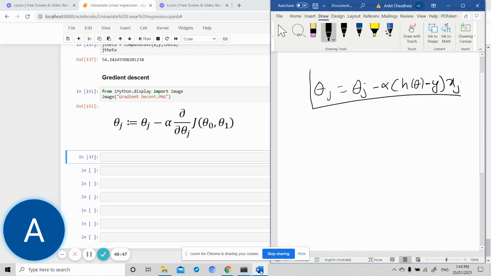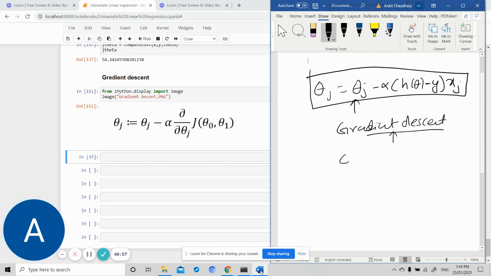So this is my gradient descent, by choosing theta so that we get minimum error. Now let's implement this. Hope this makes sense.